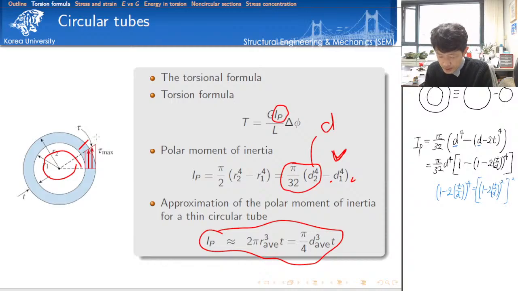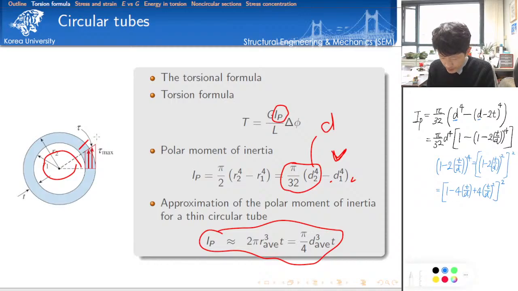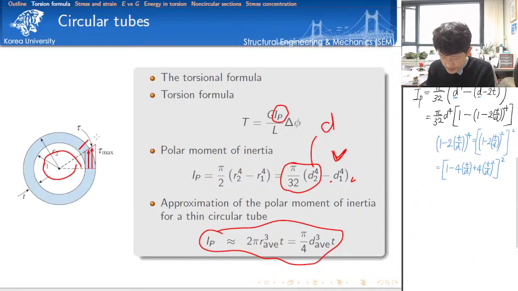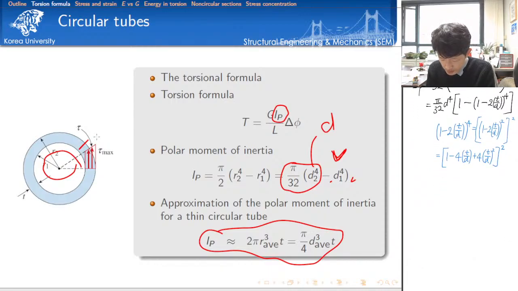Let's solve this out. First, 1 minus 4t over d plus 4t over d squared, and then it's squared. Let's check the relative size of these quantities. This quantity is already small, but the square of this is extremely small. That's why we can drop it.